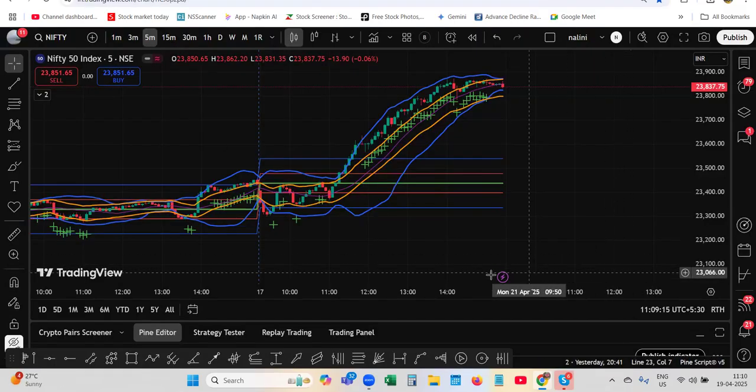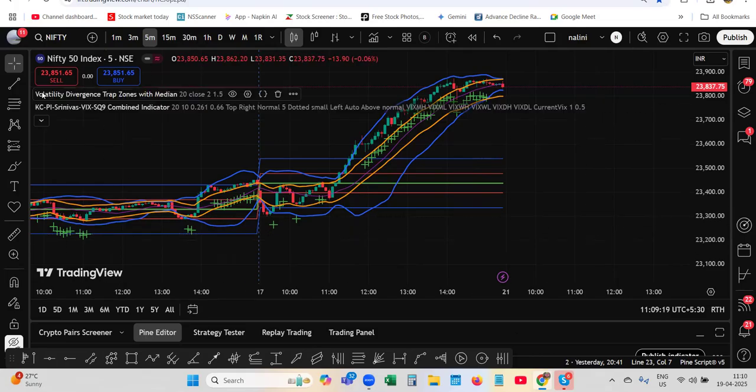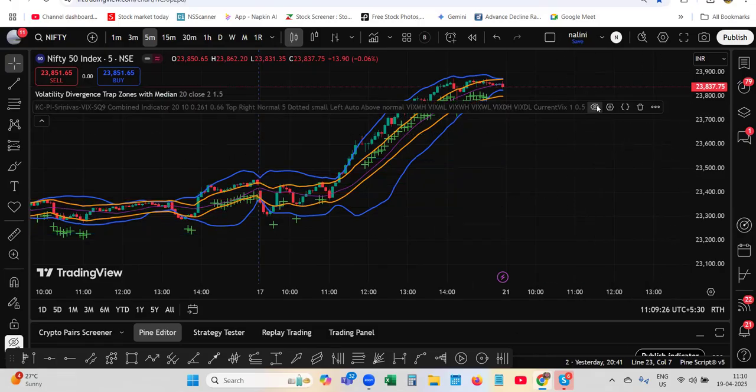Here, I am on the Nifty chart. Let me hide the hour indicator, the 5 minutes indicator, that is the circle indicator. I have applied only this volatility divergence trap zones. With volatility divergence, I want to see the divergences.